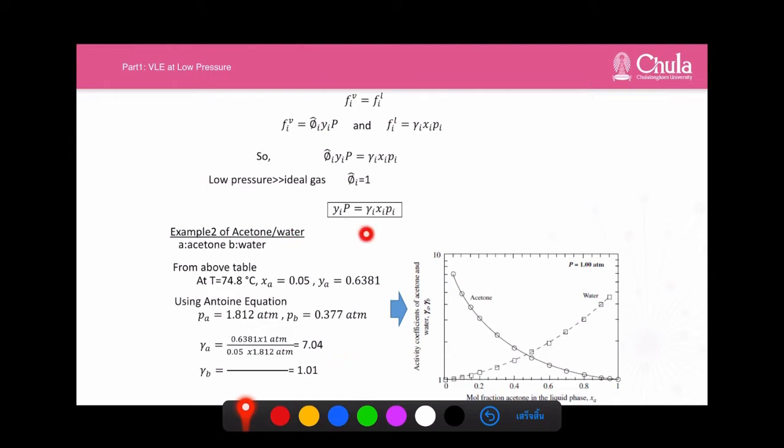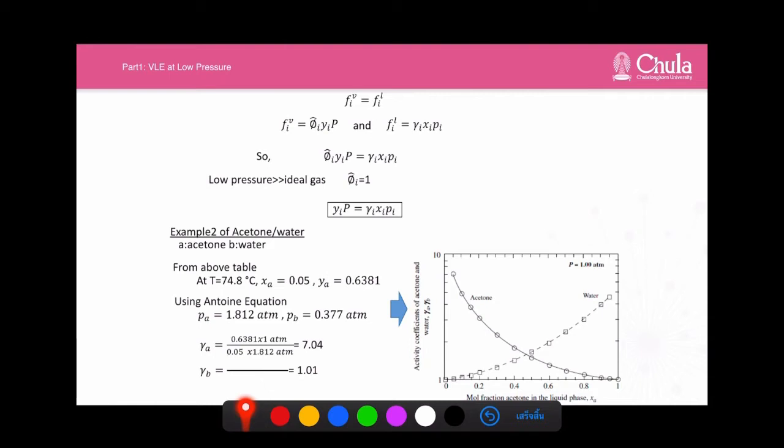Now we work with this model again using the previous data, the data of vapor liquid equilibrium between acetone and water. You see that we can calculate gamma, or activity coefficient, of acetone and water at each data point.